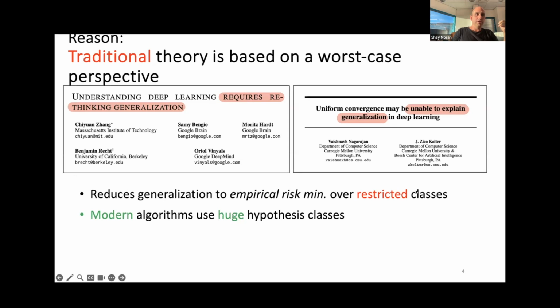In a bit more detail, this worst case perspective reduces the task of learning to optimization, to empirical risk minimization over restricted classes of algorithms. This is in contrast with what we see in practice, in particular in deep learning, where the classifier that the algorithm outputs is very big, a very complicated algorithm.